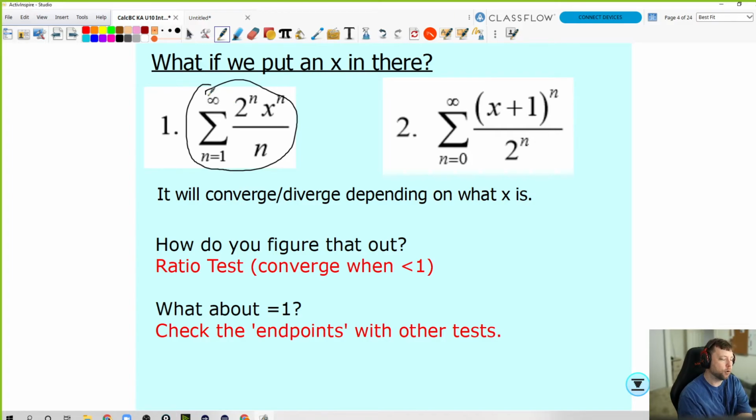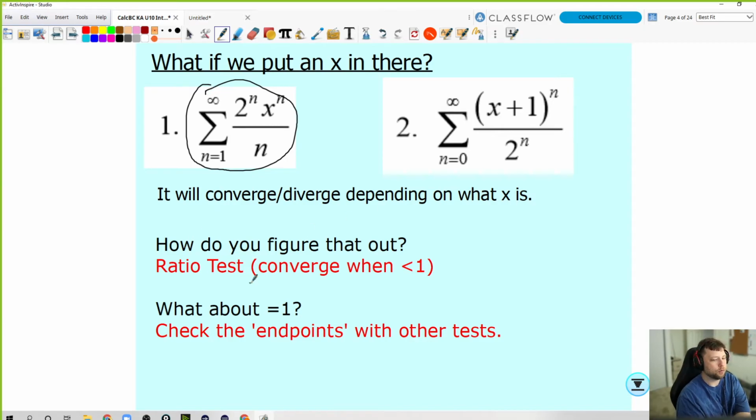I want to know for which values of x does it converge or diverge, right? So that's what this interval of convergence is: which values of x will this converge? Not does it converge or not, it's when does it converge? So we're actually going to be using the ratio test. So it converges depending on the x.